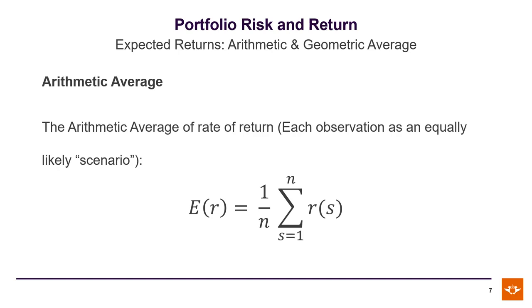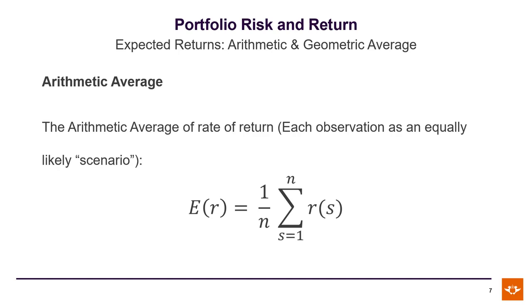Each observation or each return in our set of data is equally weighted or equally likely. We use the arithmetic average in order to forecast returns, because we don't know what they're going to do in the future. We just take whatever returns we have, we find its average, and we use that as our estimate for how the asset will perform in the future.